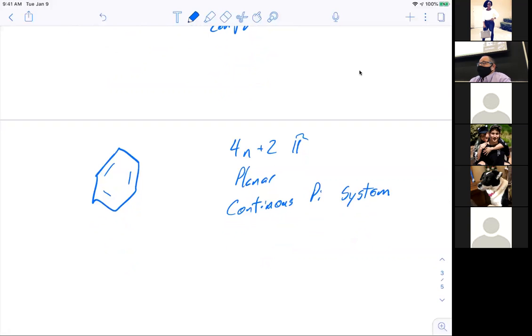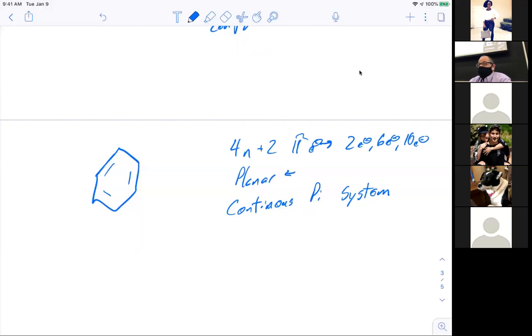I'm not going to ask any more difficult aromatics. Your online homework had some pretty complex ones, but at this point they're going to be pretty straightforward. So 4n plus 2 pi electrons means that you have 2 electrons, 6 electrons, 10 electrons, and so forth.